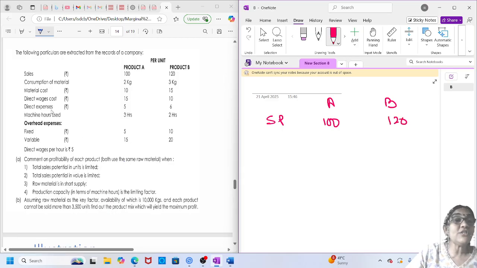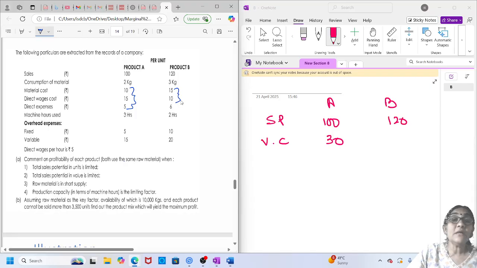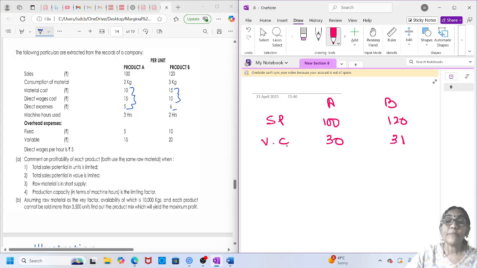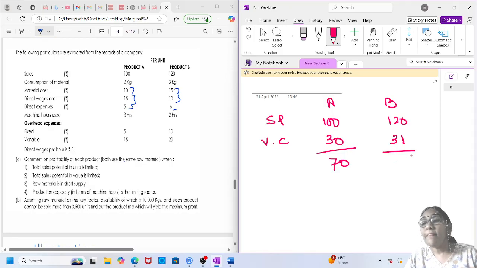Material cost, direct wages, direct expenses. So 10 plus 15, 25 plus 5, 30. So variable cost here is 30. In this case, it is 25 plus 6, 31. So contribution is going to be 70 and 89.